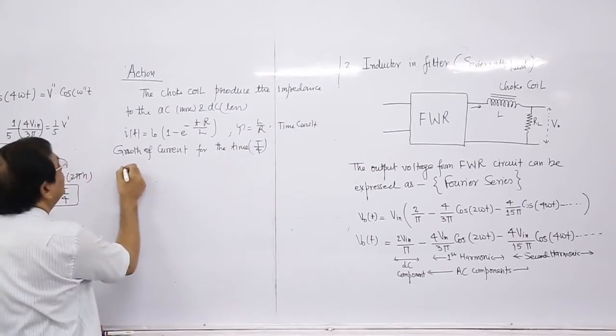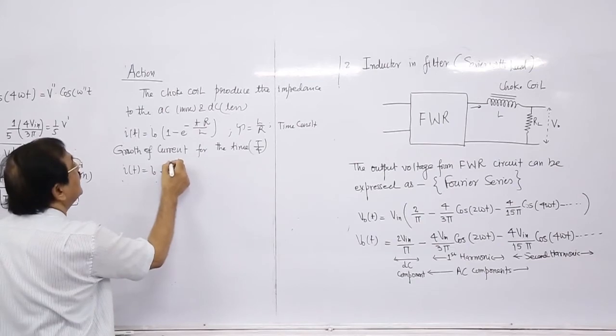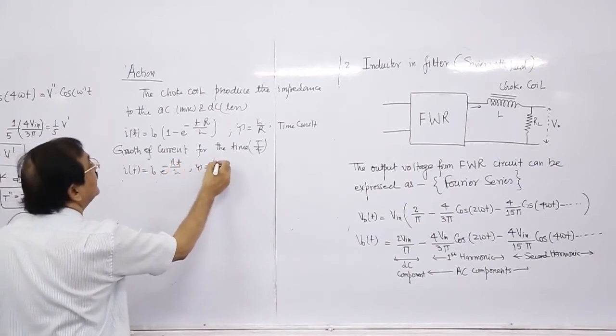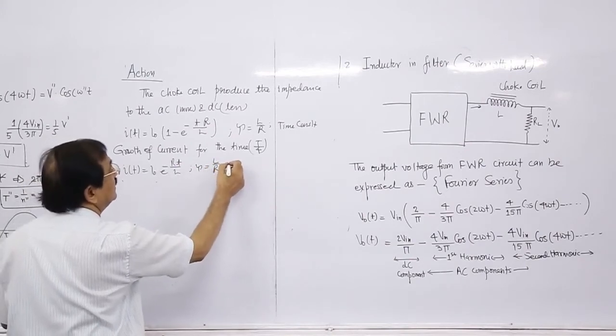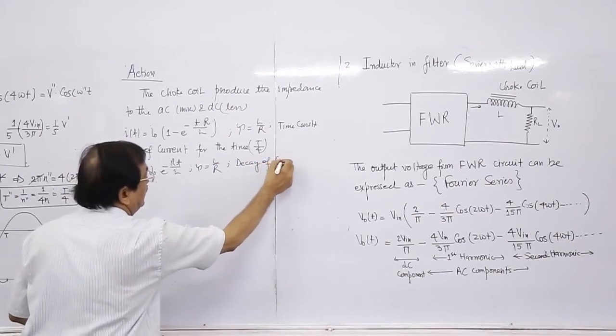Then I t is equal to I0 e raised to the power minus R t by L, where tau is again L by R; this is the decay of current.